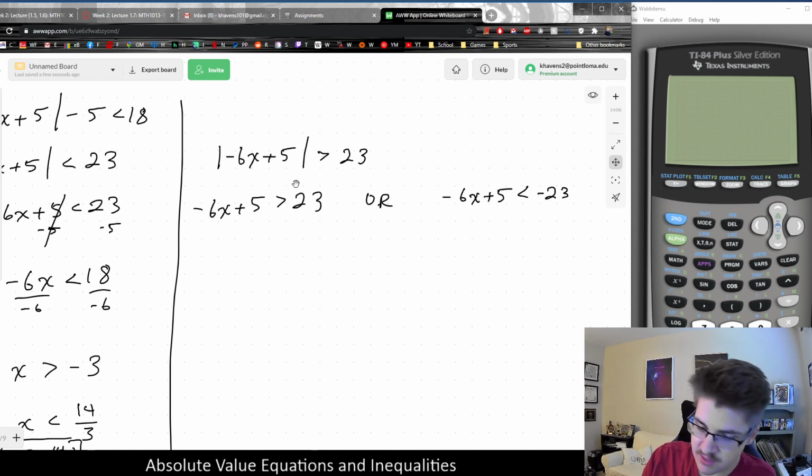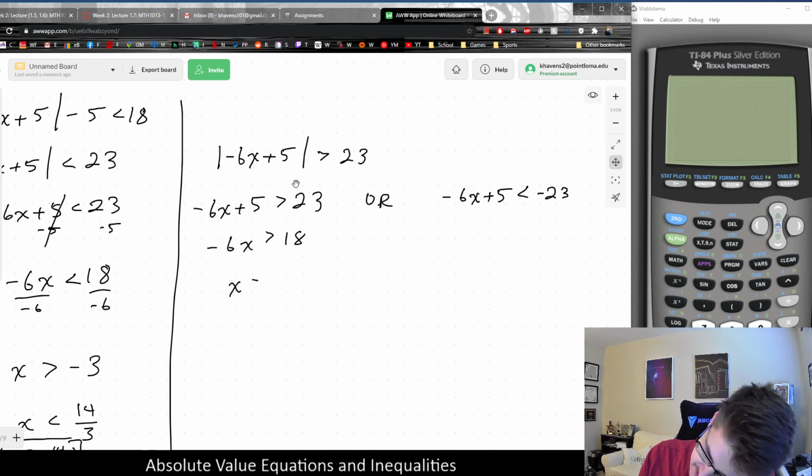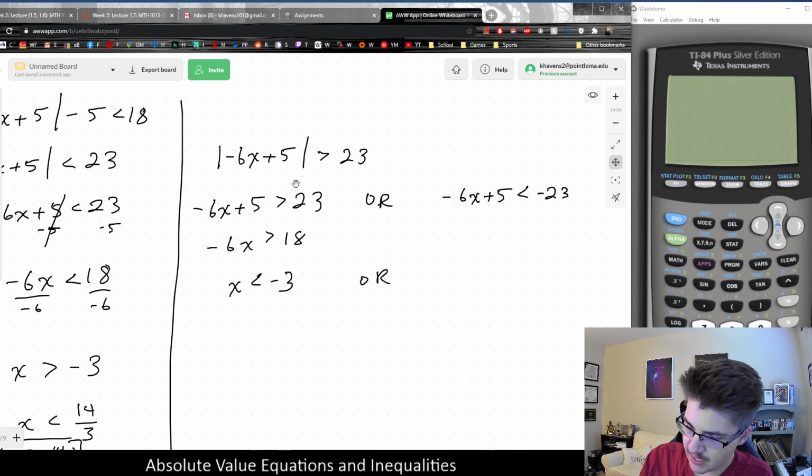Anyways, the solving process will be the same. I subtract 5 and divide by negative 6, which would give me x is less than negative 3. And over here, subtracting 5 would be negative 28 and dividing by negative 6. These numbers are familiar because we already did all this math. And when I divide by a negative, I need to change the direction of the inequality.